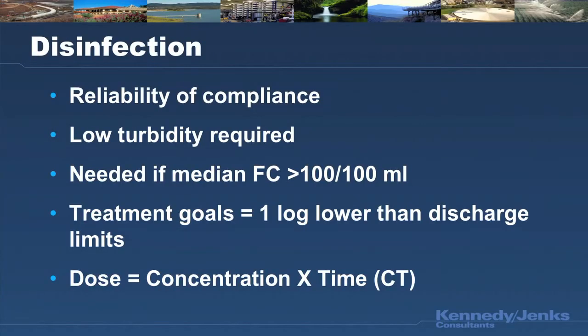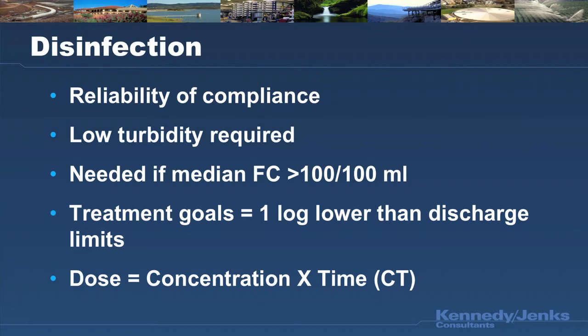In terms of disinfection, one thing it brings to the table is reliability of compliance. So you can design the system so it's always under a given treatment goal. Typically, as I mentioned before, low turbidity is required.